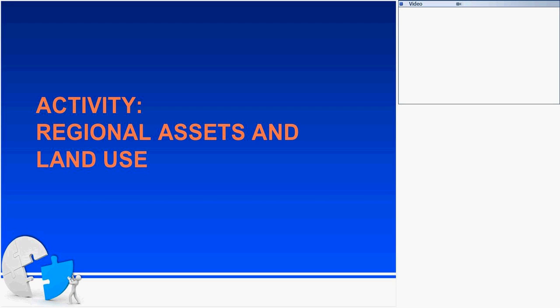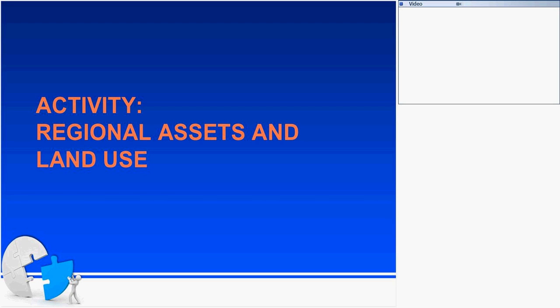And this exercise is meant to make a connection between assets that exist in the region and land use decisions or actions that could strengthen those assets. And I know that in another previous module, you all have talked about your regional assets.